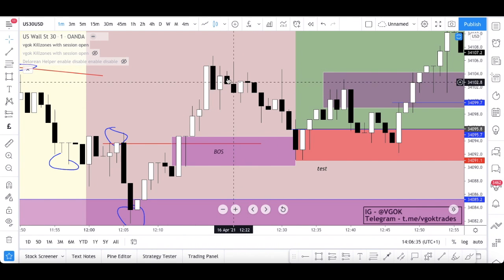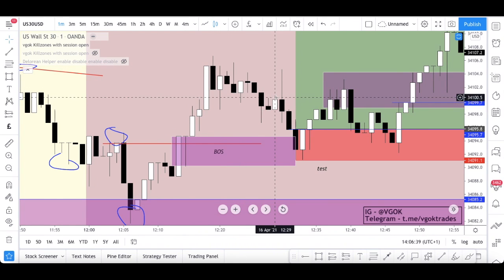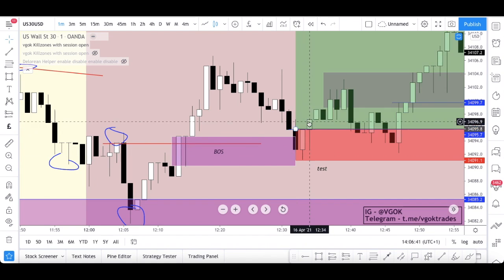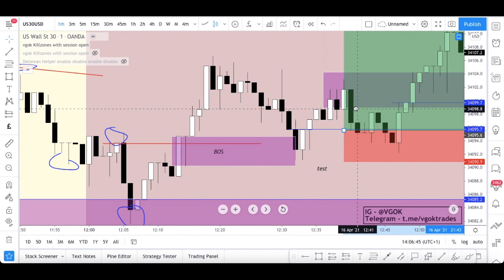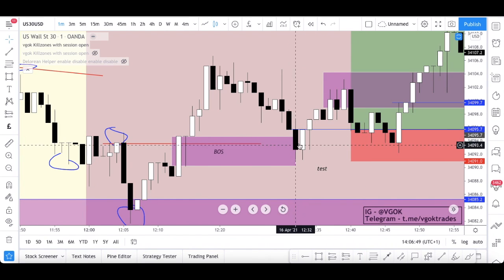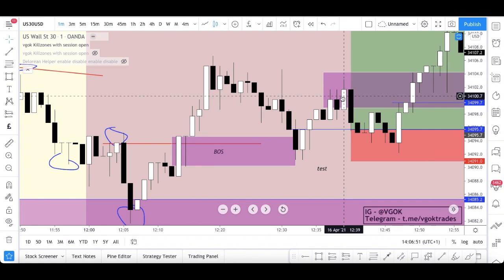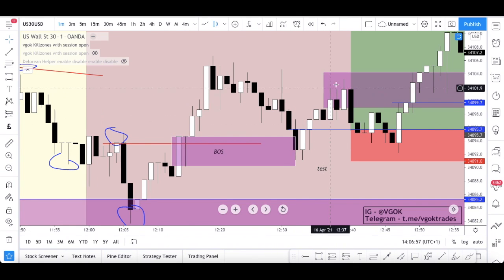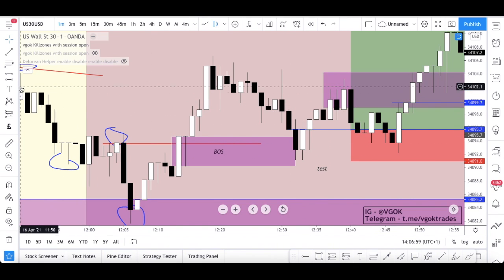So as we can see here, it was making a lower high, lower low, lower high, lower low, lower high, lower low, and then this move up. It was within this move up where I saw, and the entry I got was around here. I didn't enter until this point here, but in this movement up, you can see the body of the candle closes above the body of this candle. So that is a relative break of structure, in my opinion.